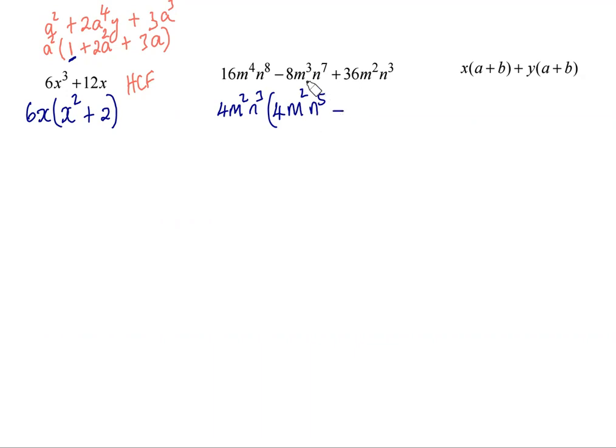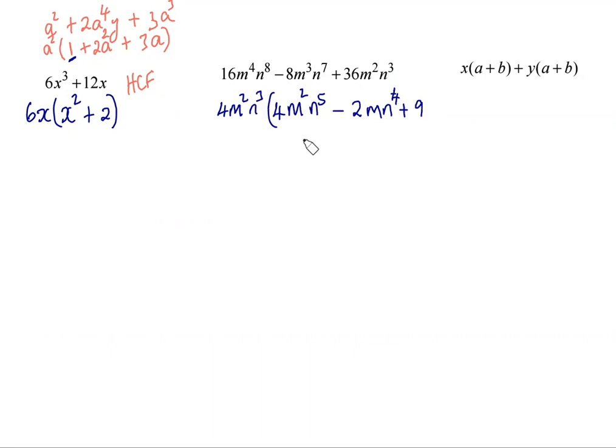Then minus, this is the minus that we're having here, 4 into 8, we're going to get 2. m squared into m cubed, we're going to get m. n cubed into n to the power of 7, we're going to get n4. So you're going to get n4 there. Then plus 4 into 36, we're going to get 9.